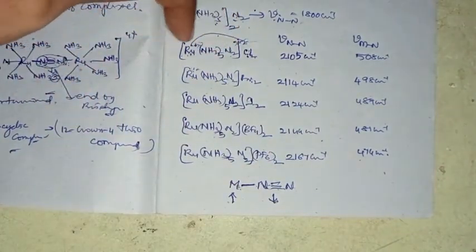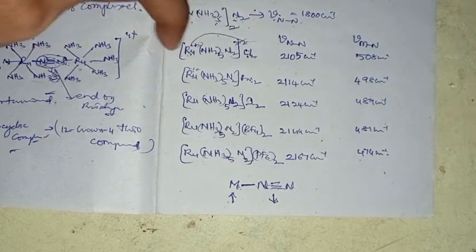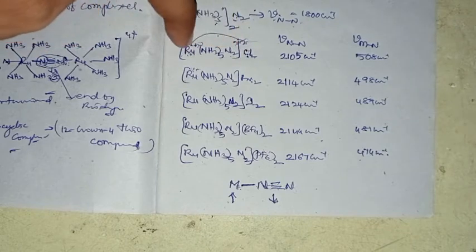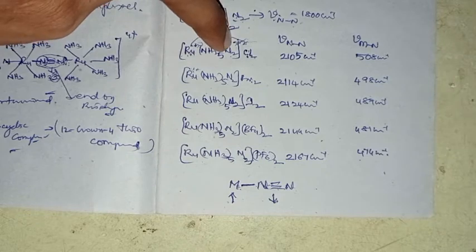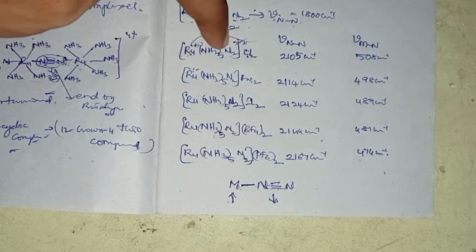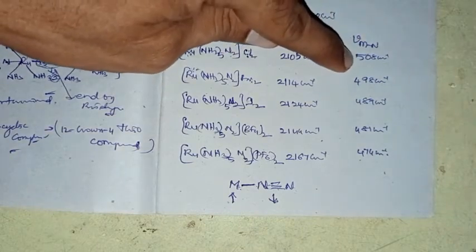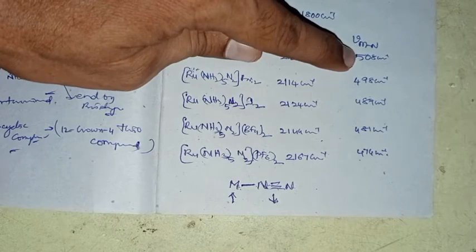So an effective bond can be expected in the chlorine complex from ruthenium to nitrogen, right? An effective bond, nothing but a stronger bond, from ruthenium to dinitrogen is happening. So the metal to dinitrogen bond is very strong, right? So we have the highest metal to nitrogen stretching frequency in the first complex, right?